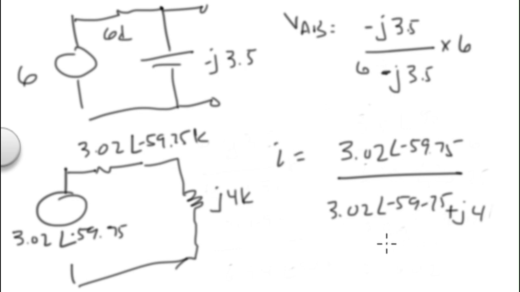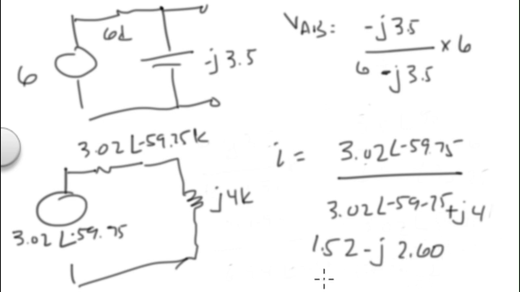So 3.02 at P to R, 59.75 with a minus sign in front of it equals. So this denominator is 1.52. That's the real part. Minus J 2.60, and then plus J4, so 4 minus 2.6 equals 1.4.